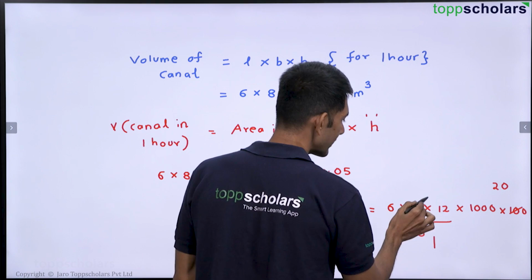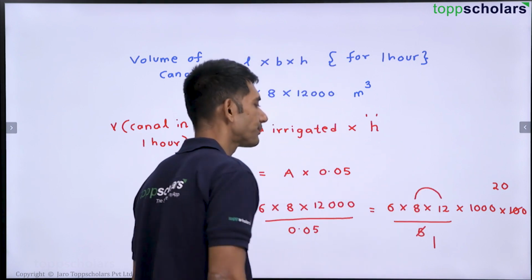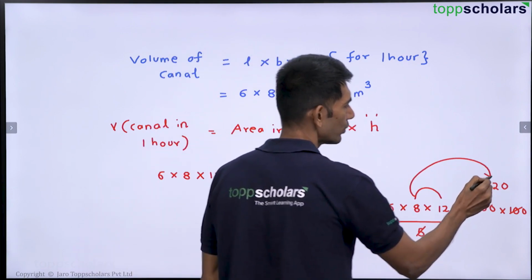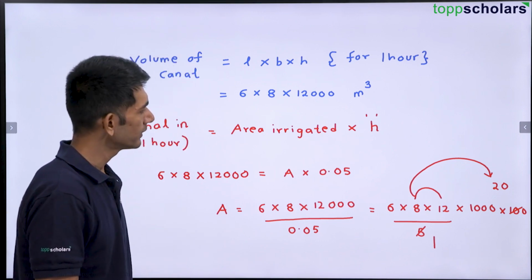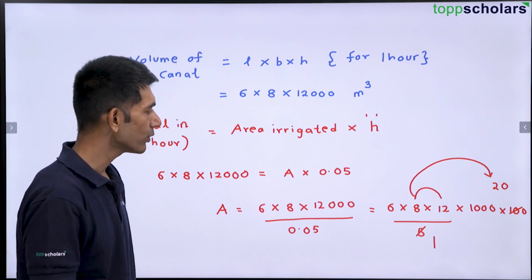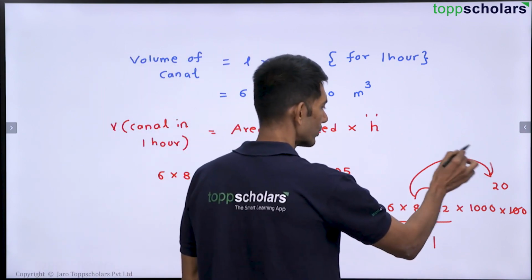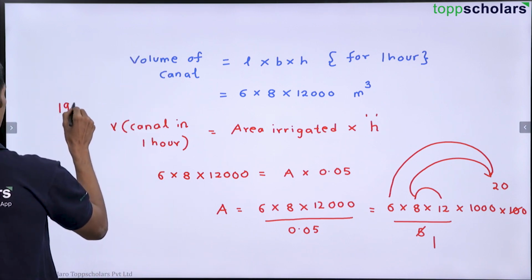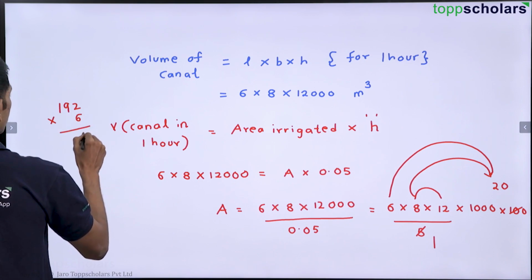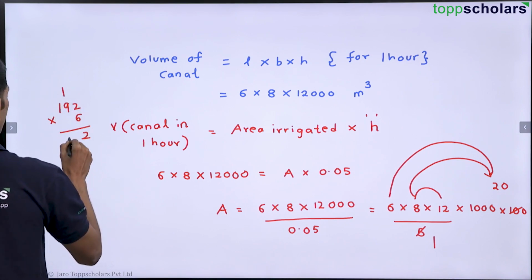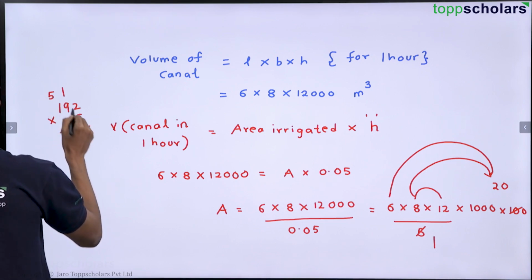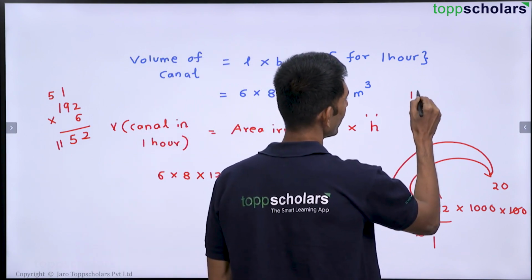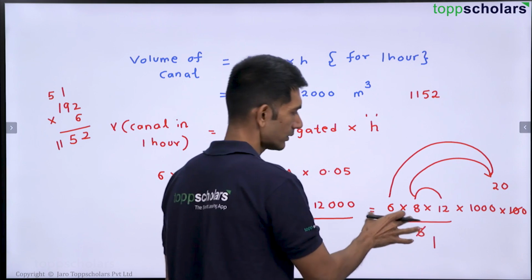So all you need to do is multiply this. So 12 8s are 96, 96 into 2, correct. That is going to give you 192, and 192 into 6 gives 1152.